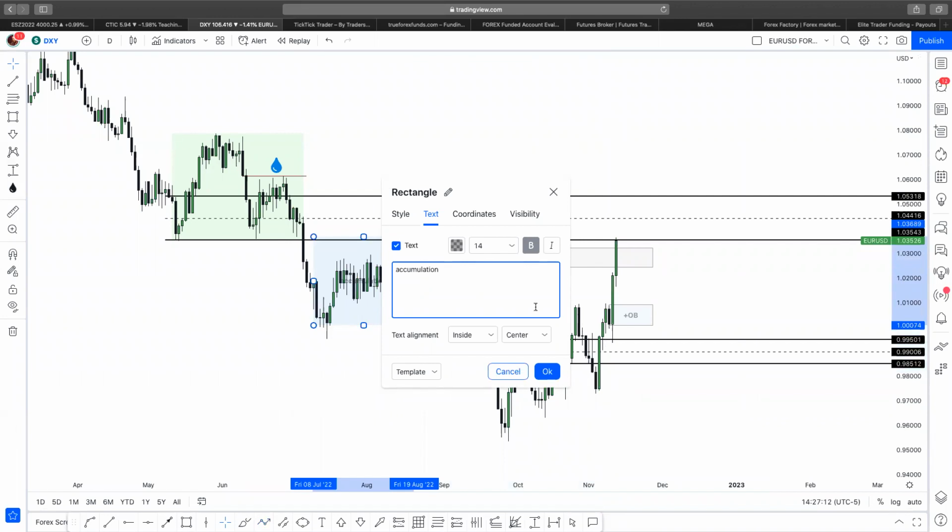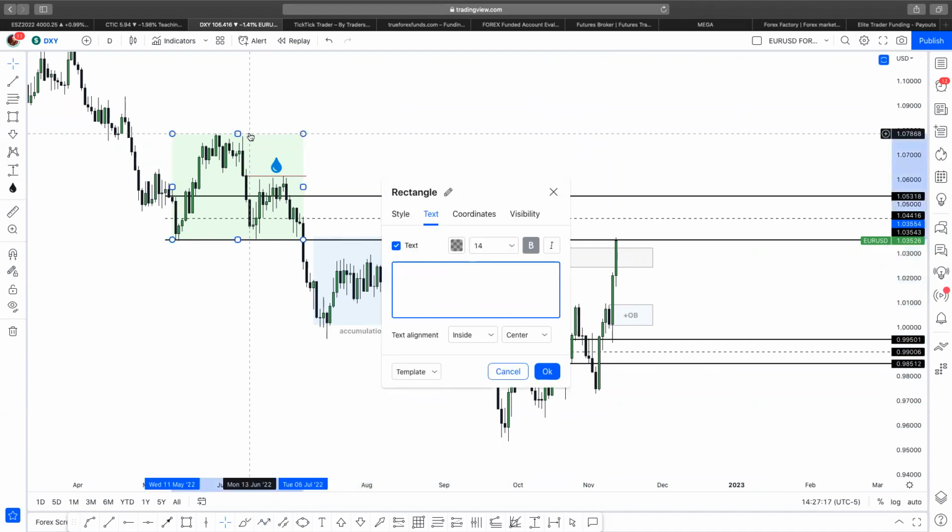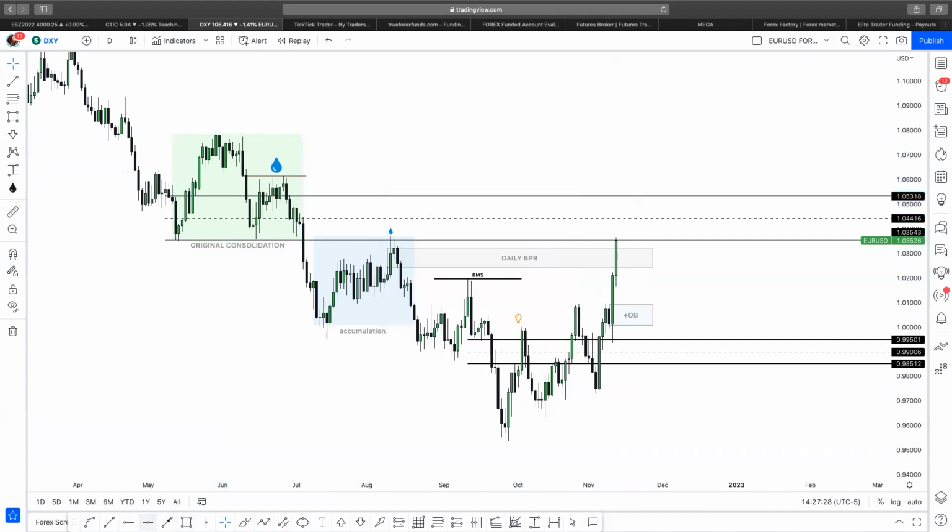I forgot how to spell accumulation. Right, this is the original consolidation. We'll call this the manipulation phase, right?